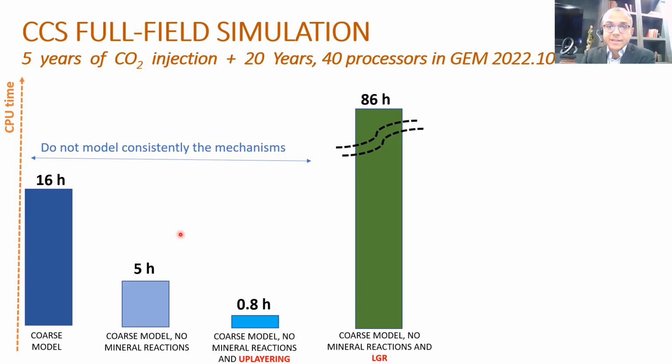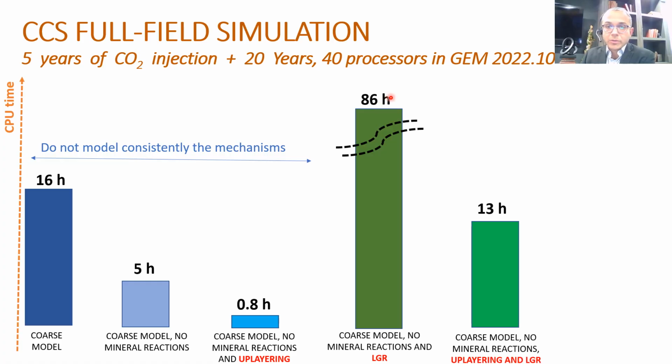with an extensive local grid refinement without mineral reactions, and it runs for 86 hours. We can perform an up-layer method in order to reduce the number of layers, and the time is reduced to 13 hours. Whereas dynamic grid refinement reduces the time to only 2 hours.